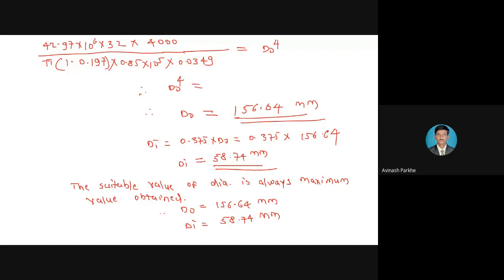And the final equation we have is di is equal to 0.375 into DO. Just do the calculations immediately and tell me the answer in the chat box. Only few students are doing the calculation.